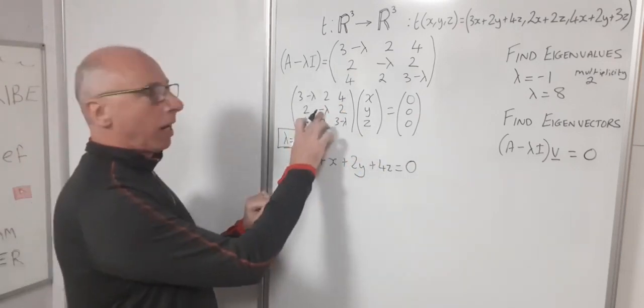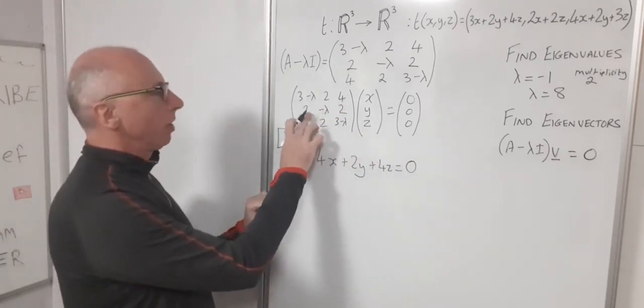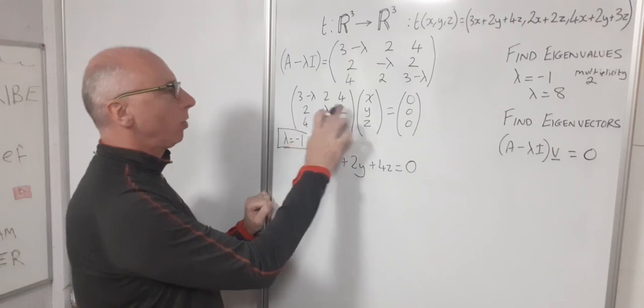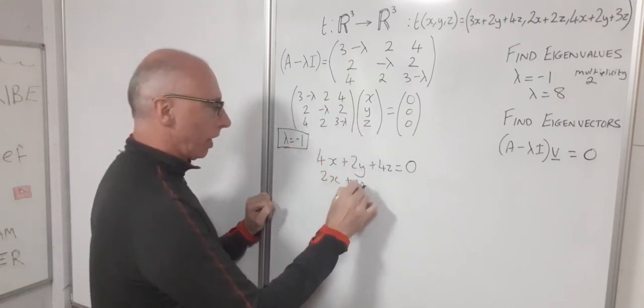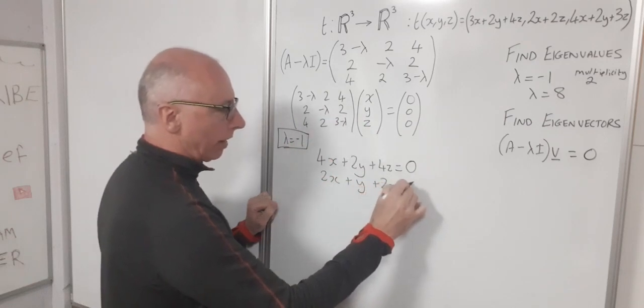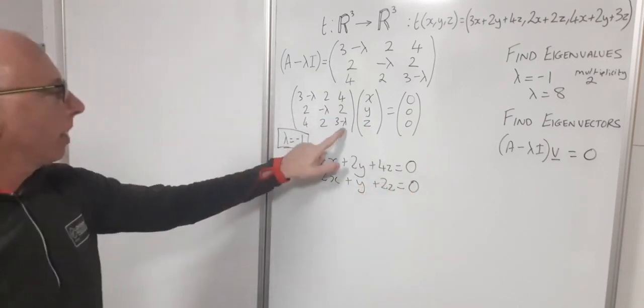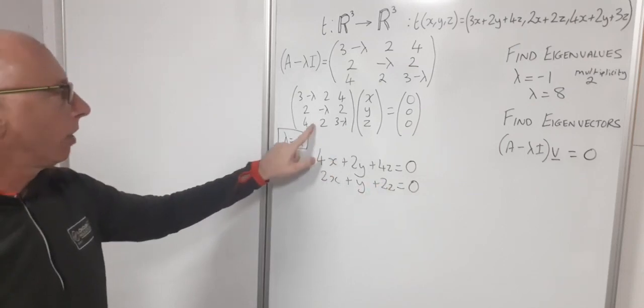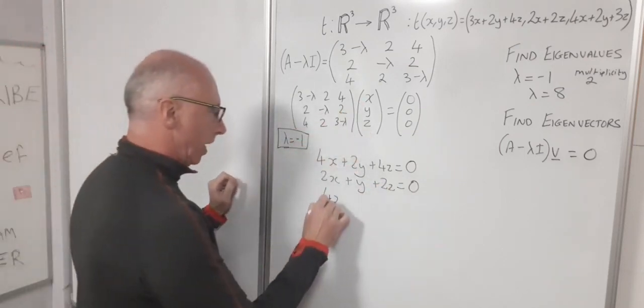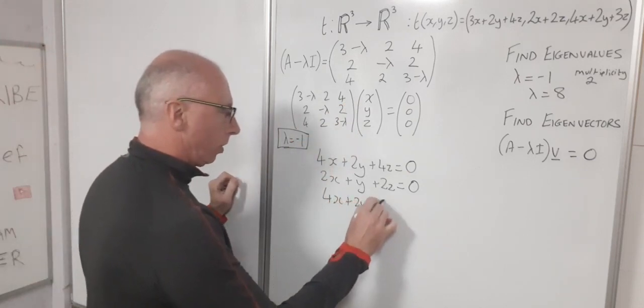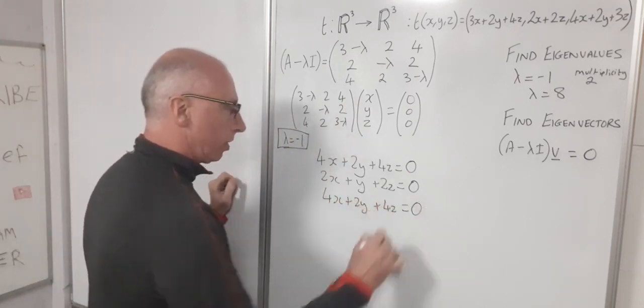So now lambda here is minus 1, so that becomes plus 1. So I've got 2x, 1y and 2z. 2x plus y plus 2z, and again that's set to 0. And this time I've got 4 there. So I've got 4x, 2y and 4z. 4x plus 2y plus 4z equals 0.